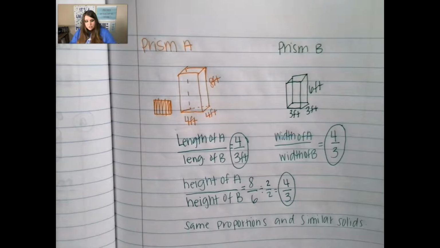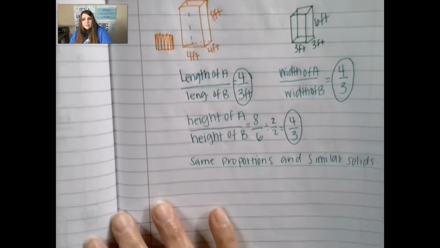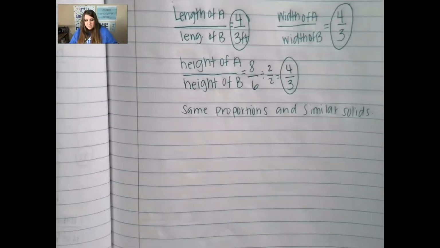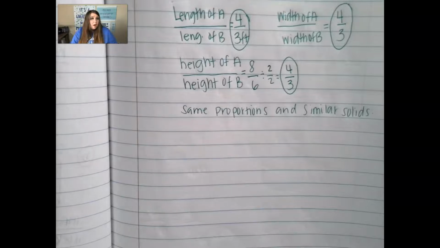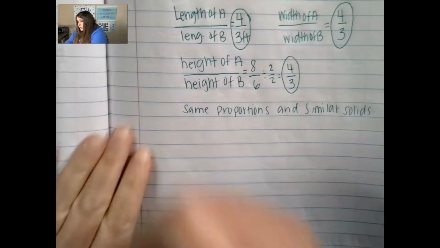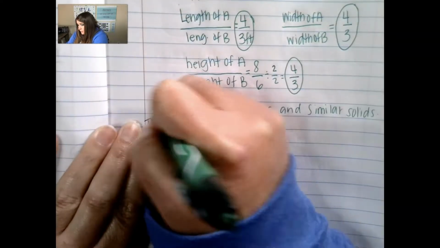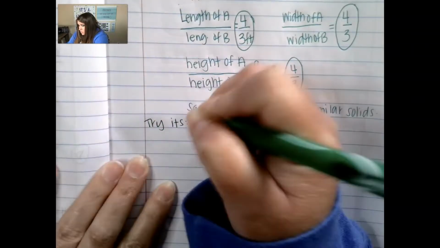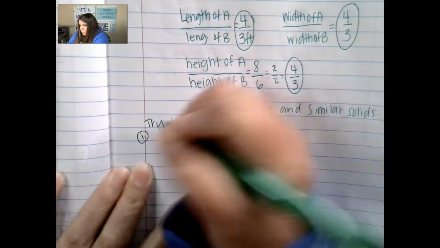Okay, it is your turn now to do a try it. And in your try it today, I'm going to have you work on another cylinder, and you're going to compare that cylinder back to cylinder A. So going back to that first example, here is your try it today. Try it number 1.